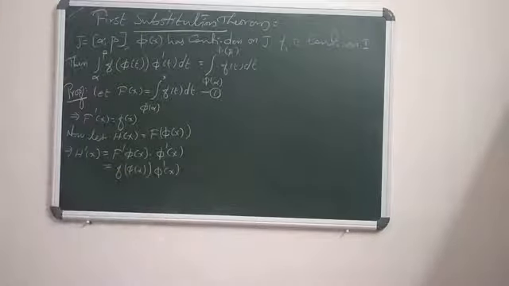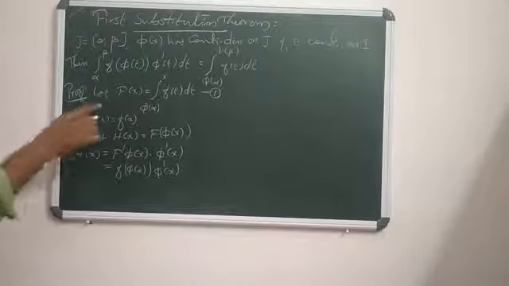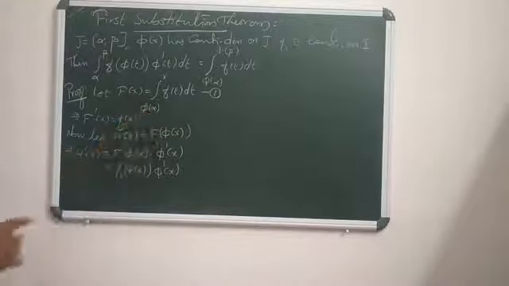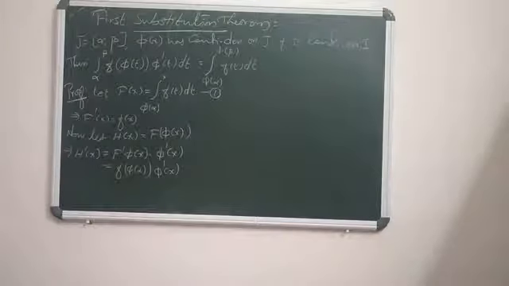Thus h dash x equals small f of phi of x into phi dash x. But capital F of x is the integral from phi alpha to x of f of t dt. Here h dash x is f of phi of x into phi dash of x.